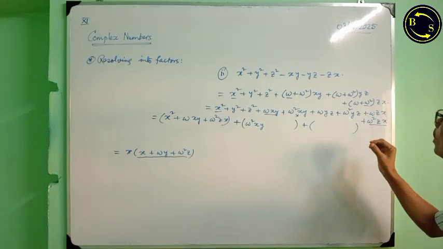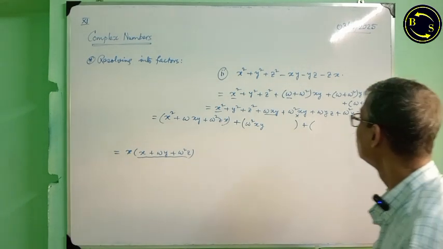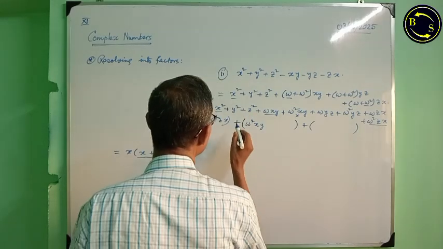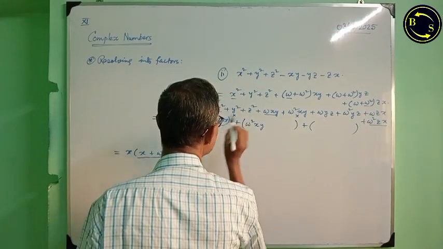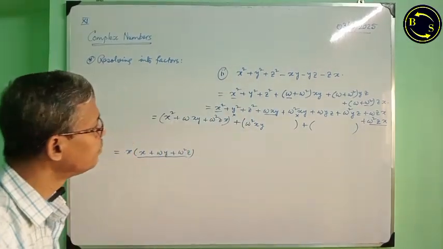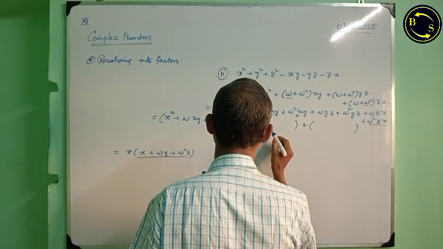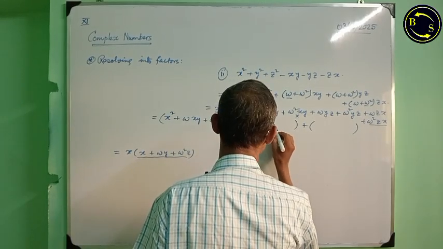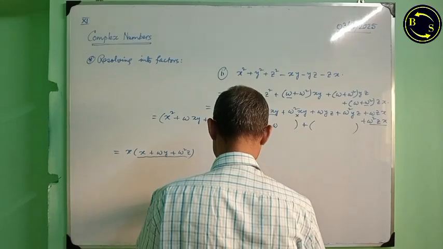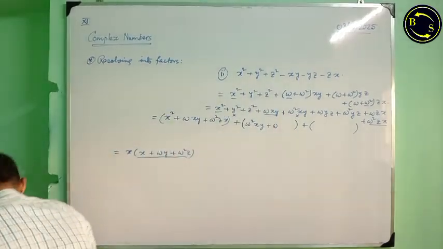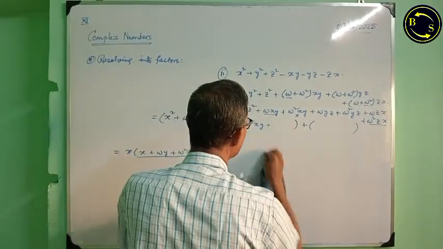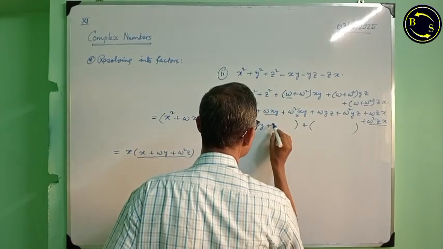Let us now search the other one. That means this one. Sorry, y square, only y square. In the first stage, I write only y square.